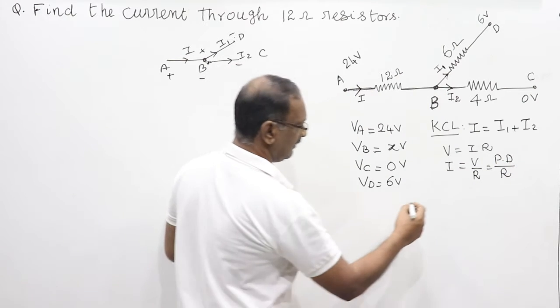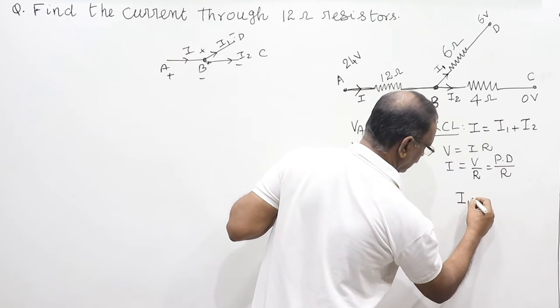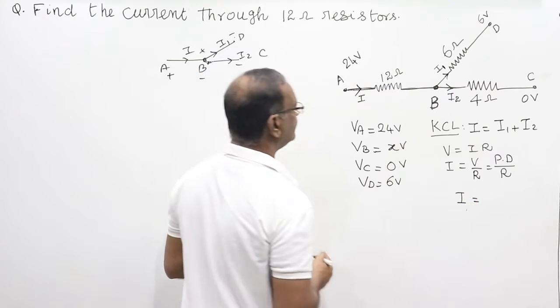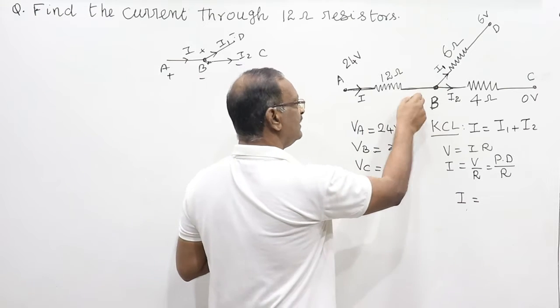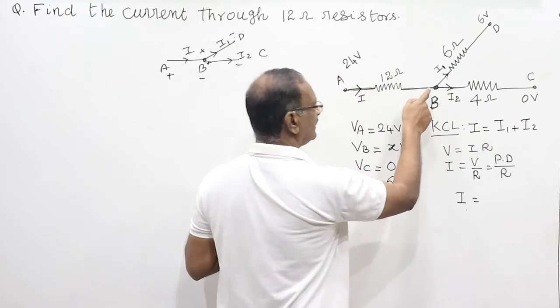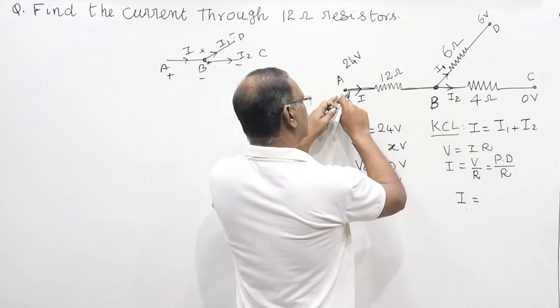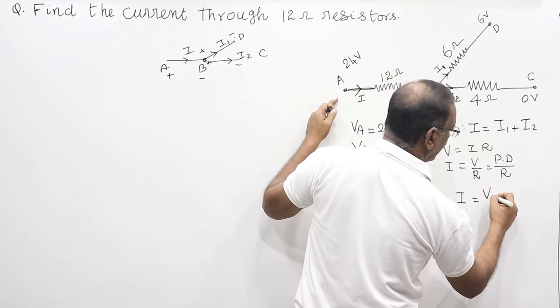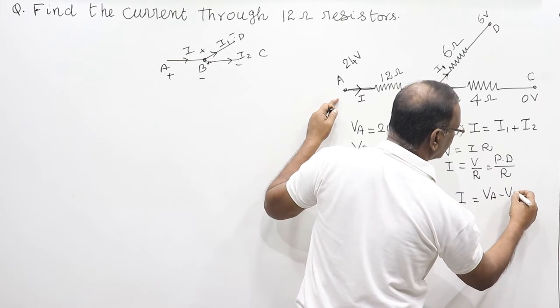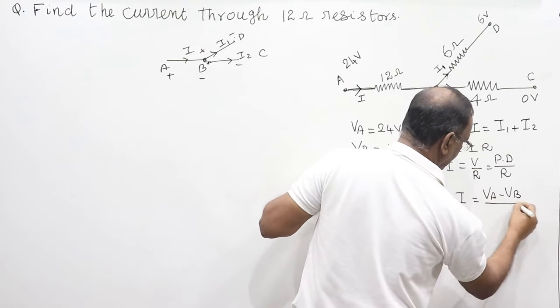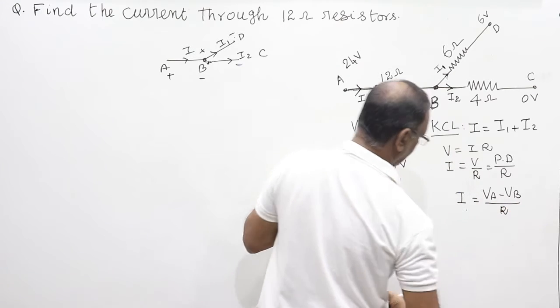So we will write what is I1, but first let us write I. I is equal to, current is flowing from here to here, it means this is at a higher potential and this is at lower potential. So the potential difference is potential at A minus potential at B, divided by the resistance.